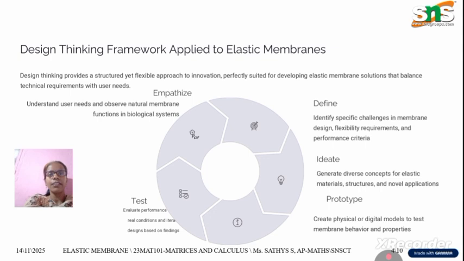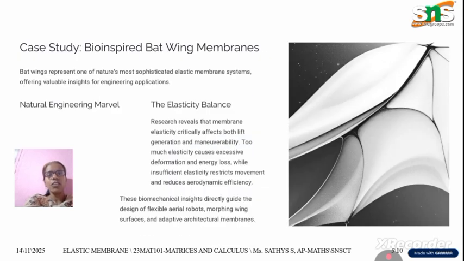So what is the case we are seeing here? Bat wing membranes. The bat wing represents one of nature's most sophisticated elastic membrane systems, offering valuable insights for engineering applications. It is a natural engineering marvel, with an elasticity balance.